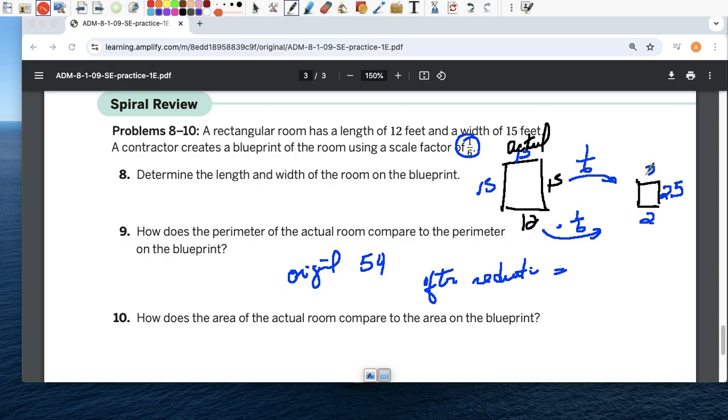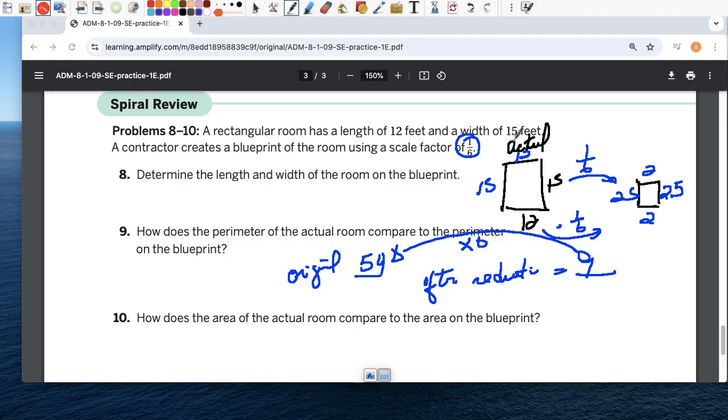Well, this is 2, this is 2.5, let's add up the sides. 2.5 and 2.5 is 5, plus 4 is 9, so it's 54 and 9. So the perimeter of the actual room, well, compare 54 and 9. 9 to go to 54 is times 6, so the actual room is 6 times bigger than the drawing over here.